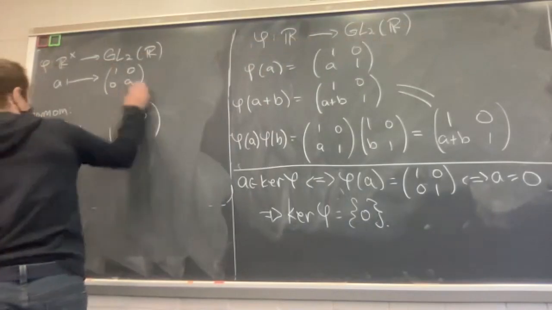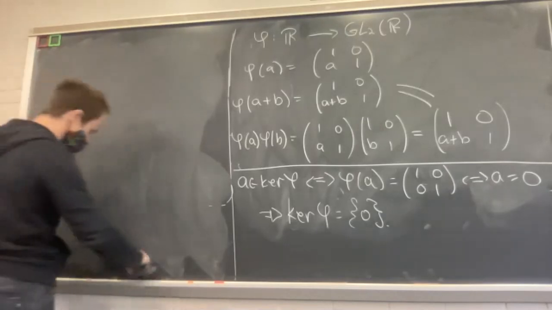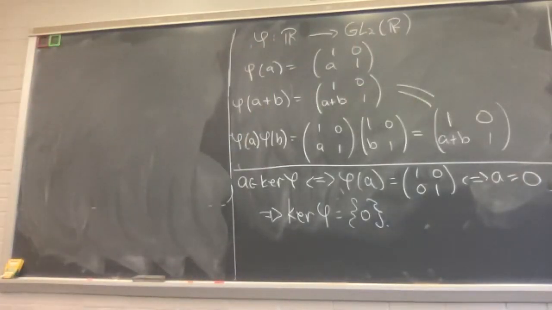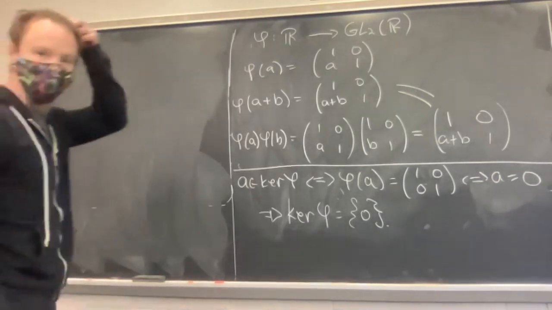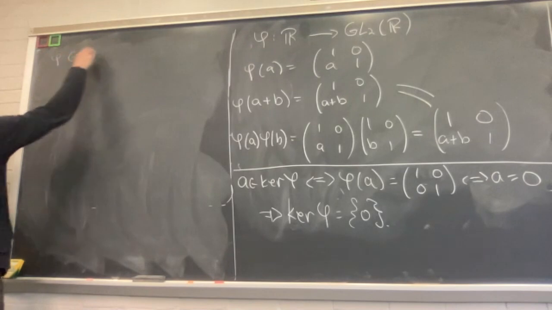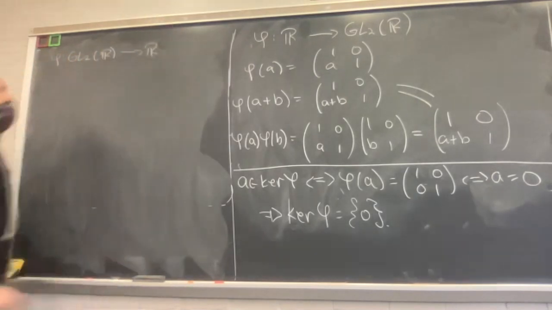Sometimes you look at these and wonder, what's the big deal about this function? Well, this is the trace function, and there is some important stuff about it. So we've got phi again, going from GL to R, but now it goes to the additive real numbers.